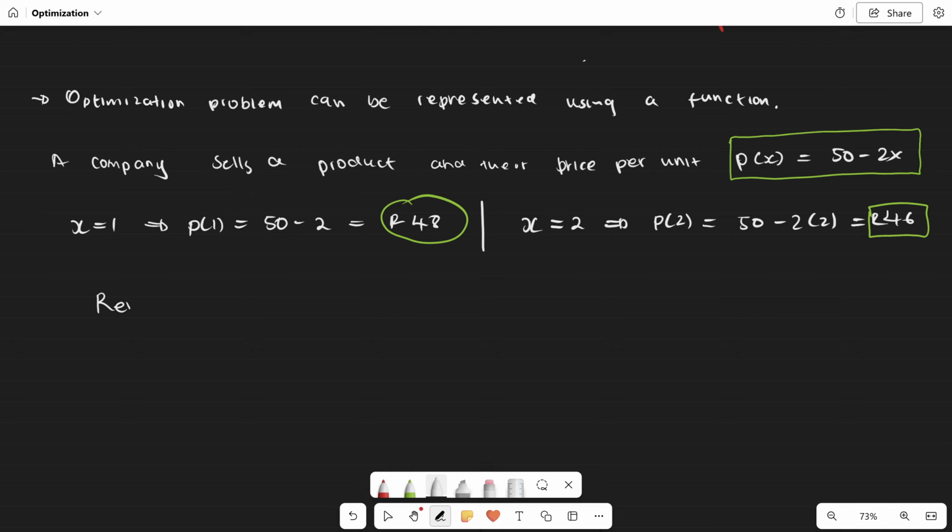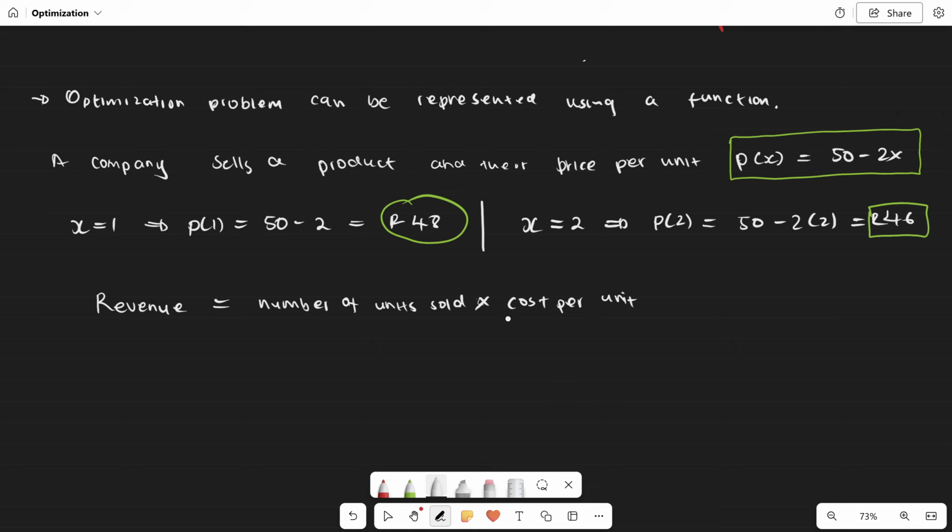So our revenue will be equal to the number of units sold multiplied by the cost per unit. The number of units that you're going to sell times the cost of each unit, the selling price, basically the cost to the customer.